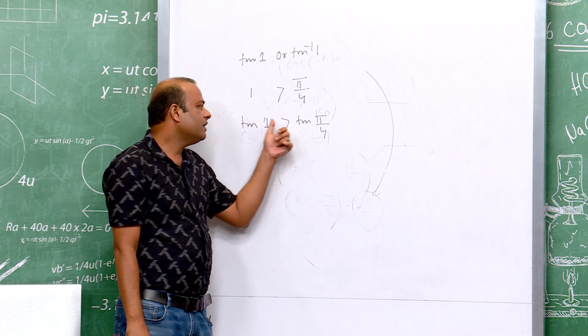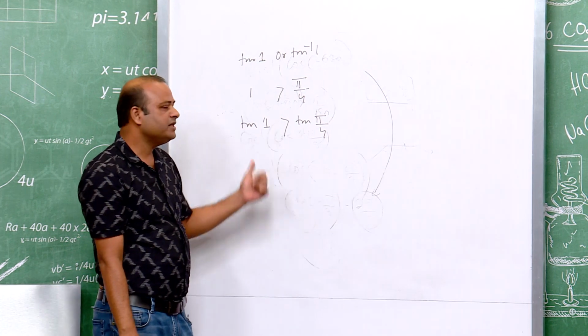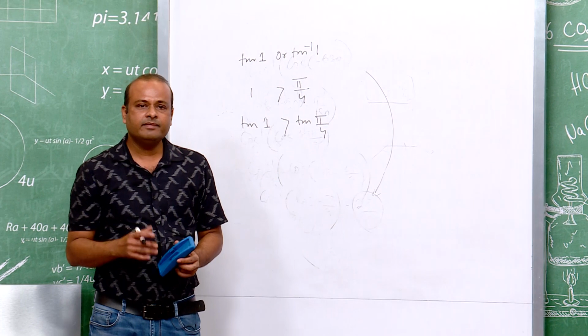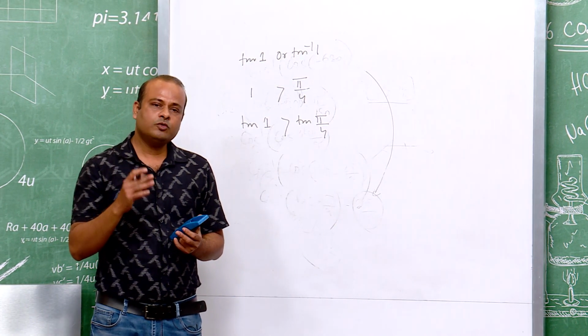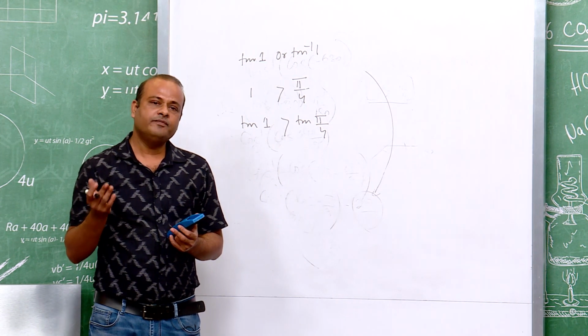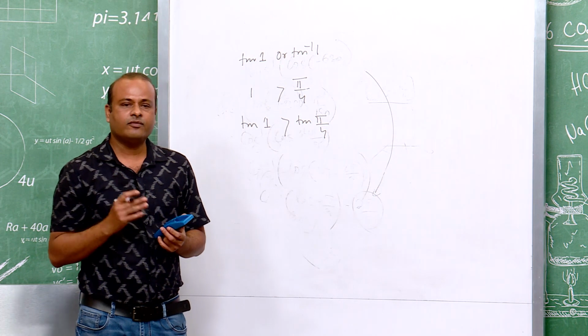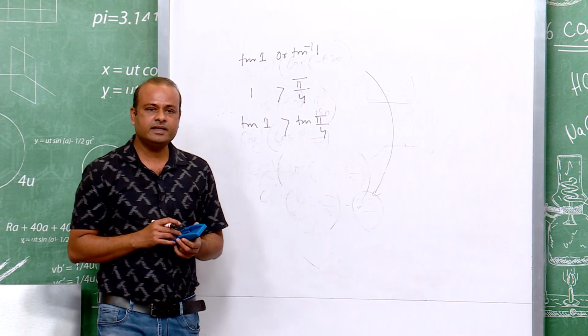Tan 1 is greater than tan pi by 4 because tan is an increasing function. Increasing means, suppose x1 is greater than x2, and if f of x1 is greater than f of x2, then the function is increasing. Here it is strictly increasing.